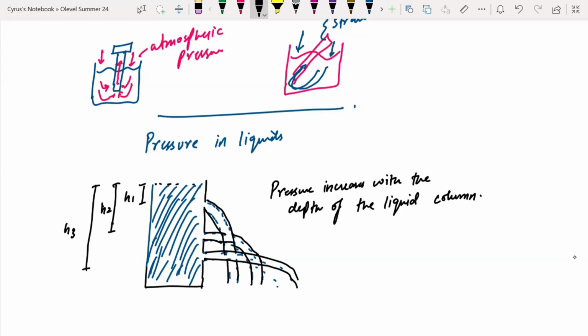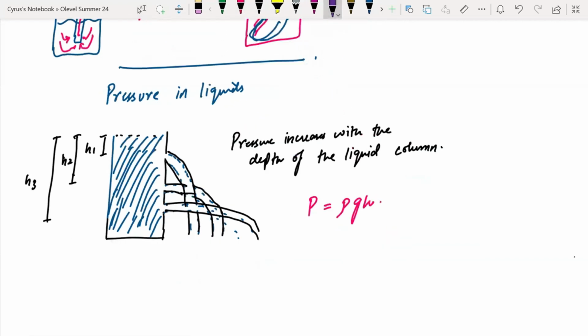And if you write the formula, the pressure is rho g h, where P is the pressure in Pascal.